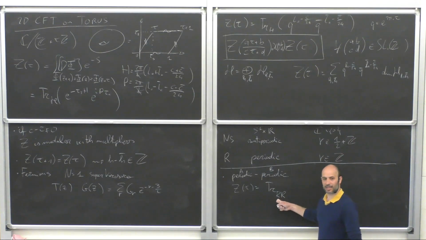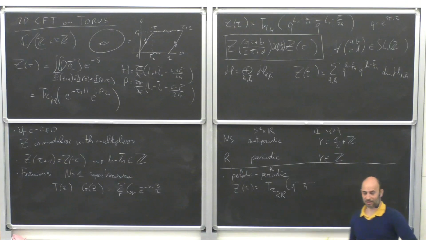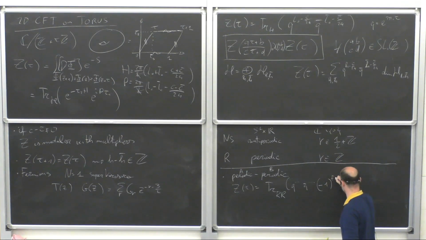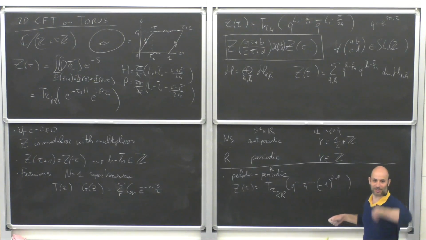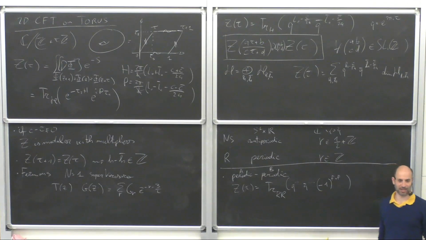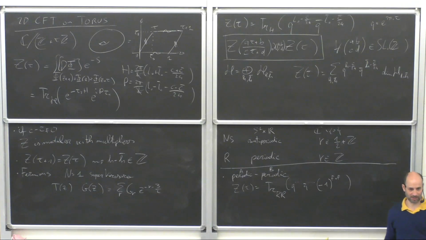So you're only taking the trace in the Ramond sector, but then periodicity in the Euclidean time direction, maybe a bit surprisingly, means that you are inserting a fermion number operator inside your trace. You would maybe expect the other way around, that periodicity in time means no fermion number inserted, but things with fermions get a bit tricky, and it's the same thing with fermionic particles going in a loop. It's not special to this case.